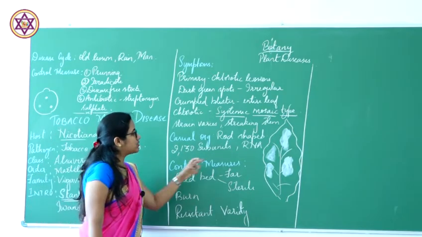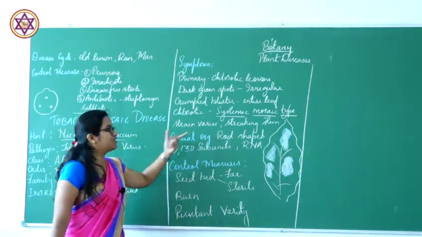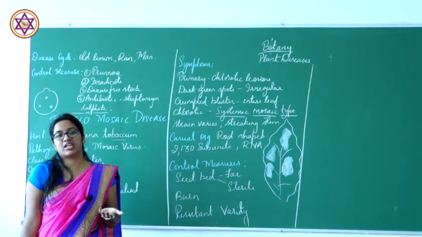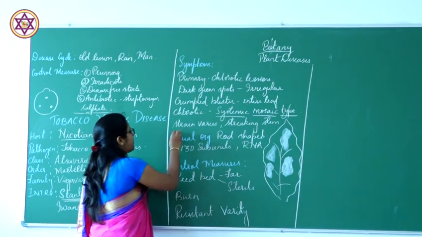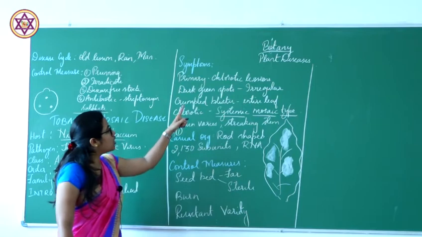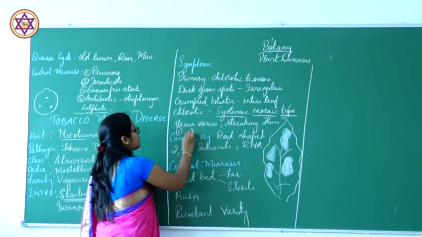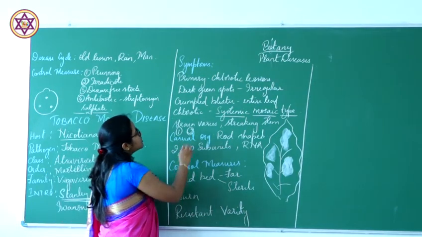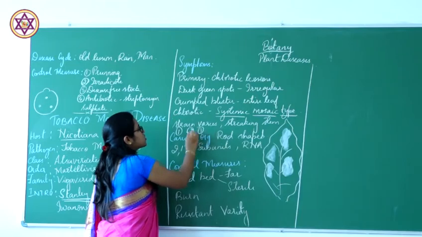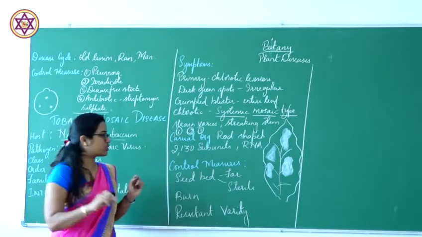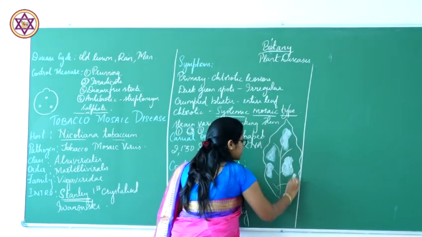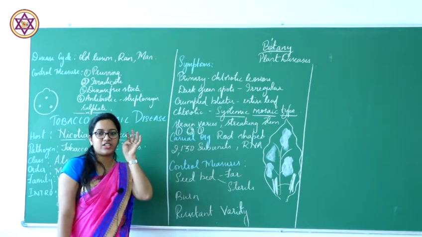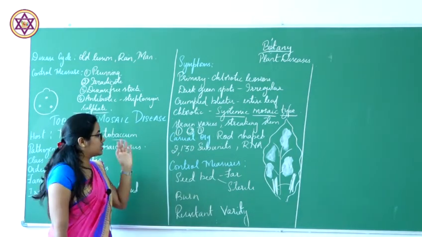And there is one strange feature, that is, there are different strains of viruses, and based on the strains, the symptoms vary. If one strain of the virus shows chlorosis, the other strain will show only necrosis, no chlorosis. If one strain is showing spotting, another strain will show streaking. Streaking is lines like this, streaks on the stems, etc. So like that, based on the varieties of strain, the symptoms are seen.